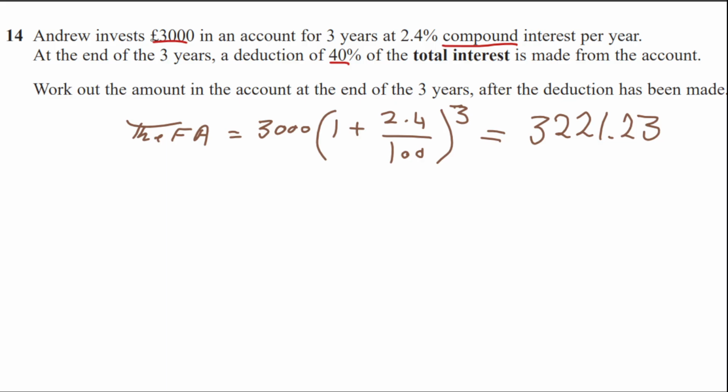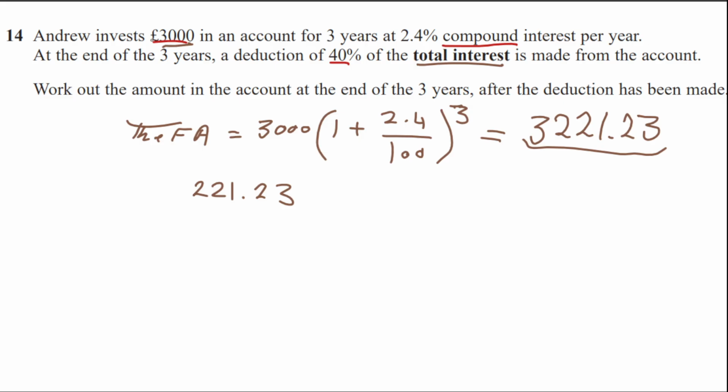This is nice. Now we got the first part. The second part says a deduction of 40% of the total interest is made. So what's the interest now? This guy invested 3,000 and then at the end of the 3 years it's 3,221. That means the profit is 221.23, isn't it?